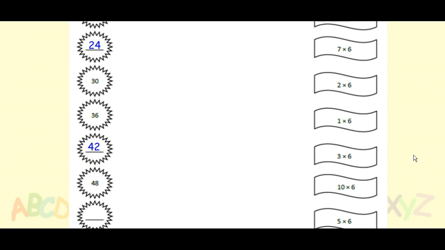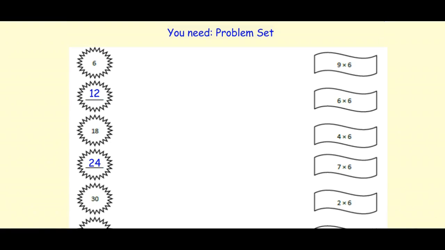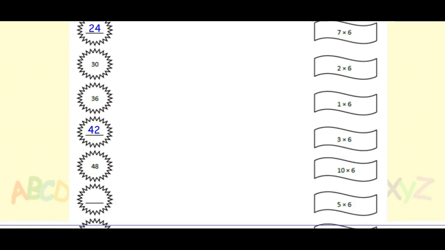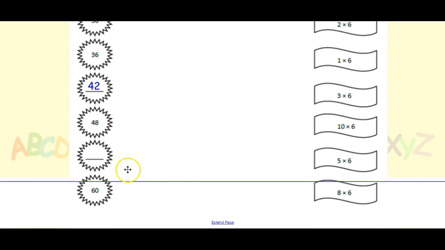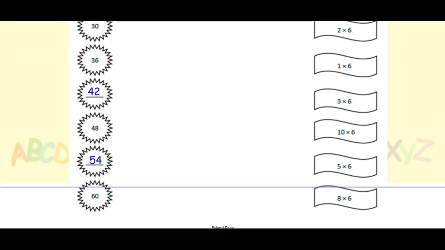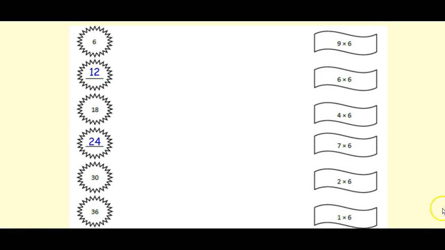And you should have drawn a line to 7 times 6. 48, you should have drawn a line to 8 times 6. After 48, you should have put 54 and drawn a line to 9 times 6.